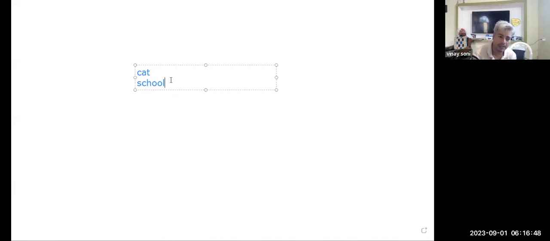Now, when we talk about this word, school, we have s sound at first, then we have k sound, and then we have oo sound, and then l. So let me write the sounds for you guys. I would like to do this using Hindi symbols so that you guys can understand. k, a, t.